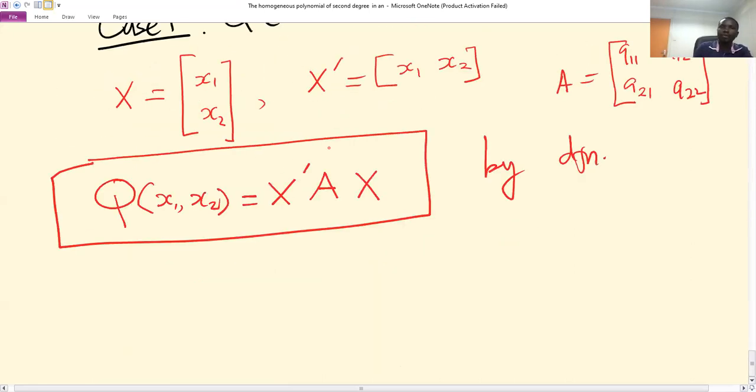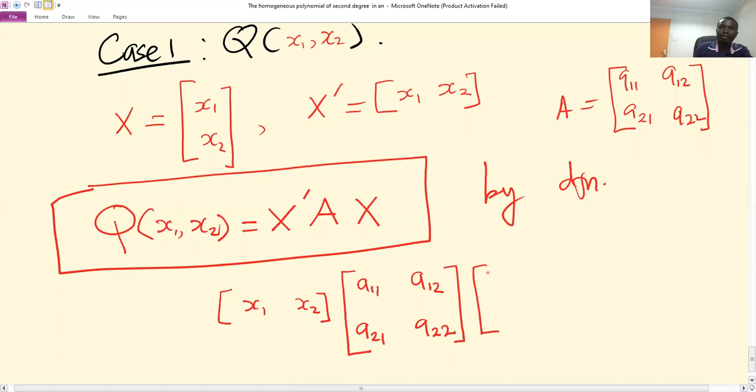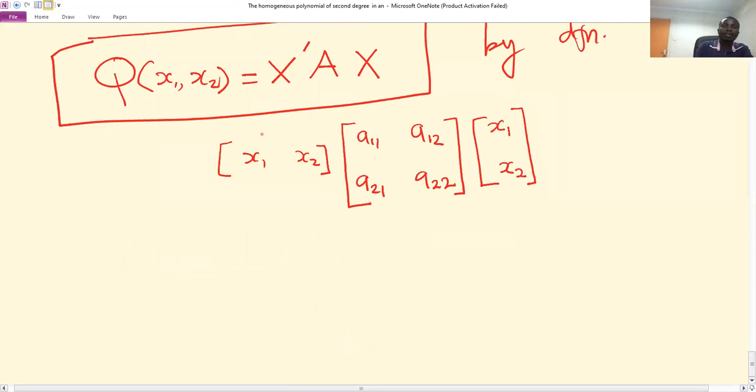We have the transpose x1, x2, and then our A matrix is A11, A12, A21, A22, and our X vector is X1, X2. Now remember, this is a 1 by 2 matrix, this is a 2 by 2 matrix, and this is a 2 by 1 matrix.